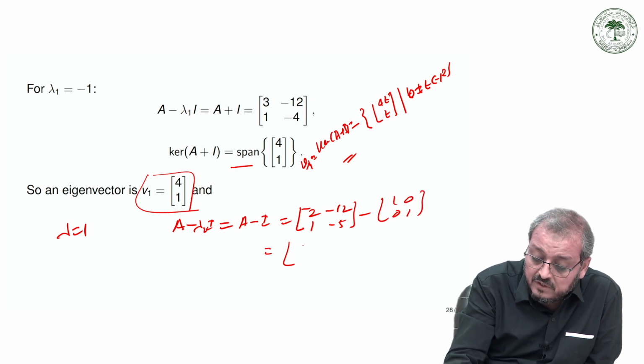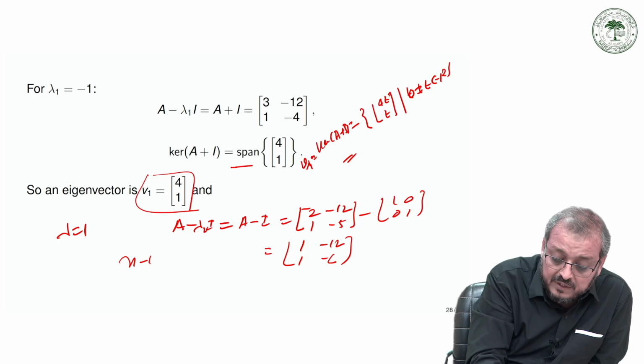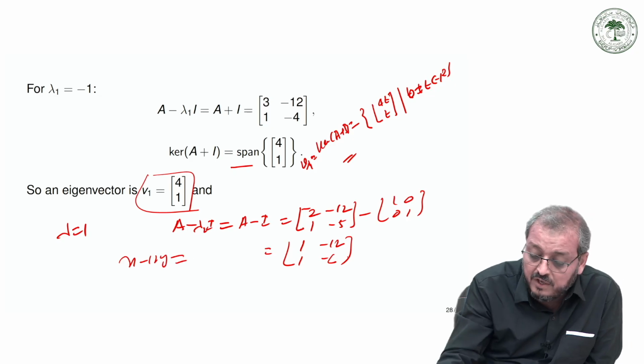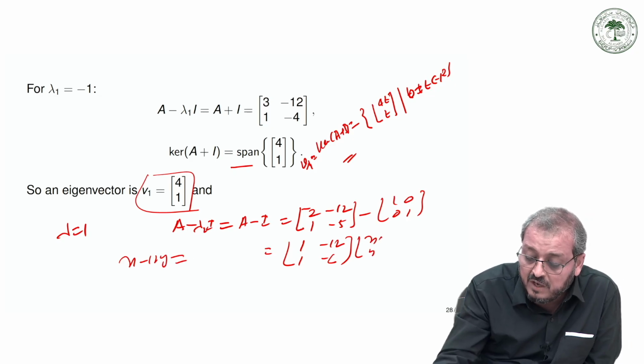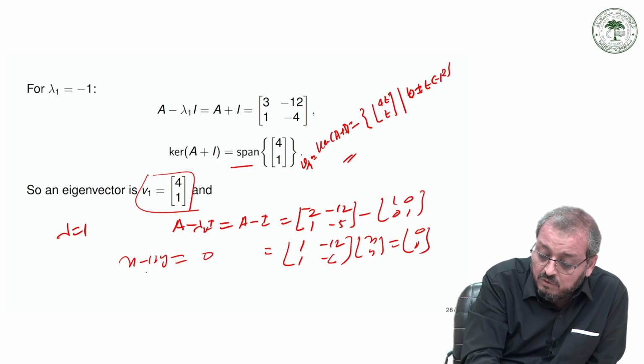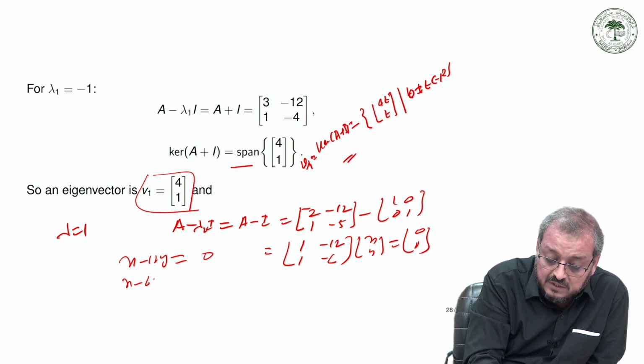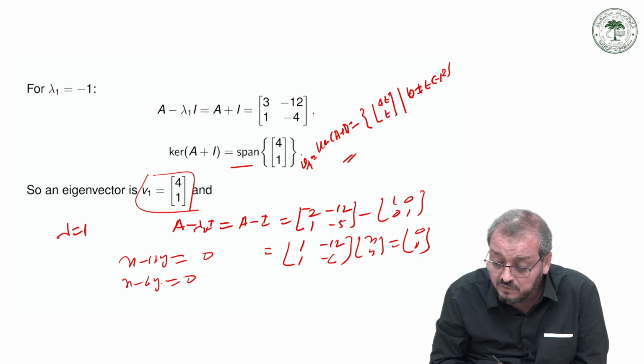This gives the matrix 1, minus 12, 1, minus 6. So we can say that x minus 12y is equal to 0, and then x minus 6y is equal to 0.